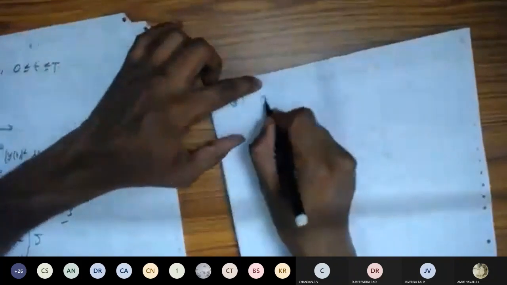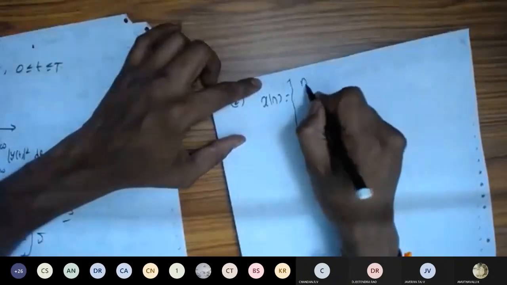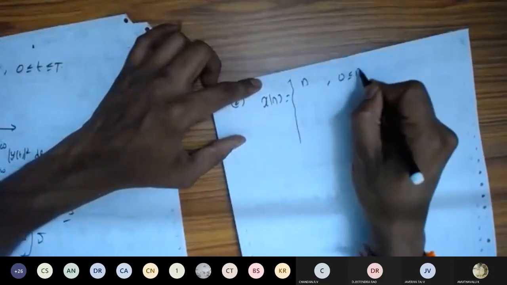Let's go for the next problem. Take x of n is equal to n for 0 is less than or equal to n is less than or equal to 5.